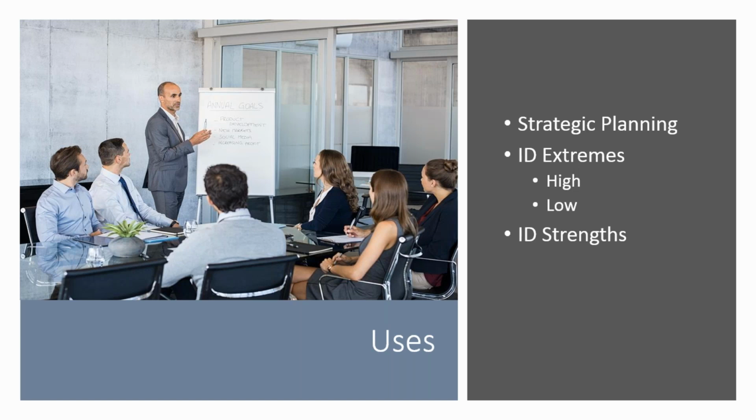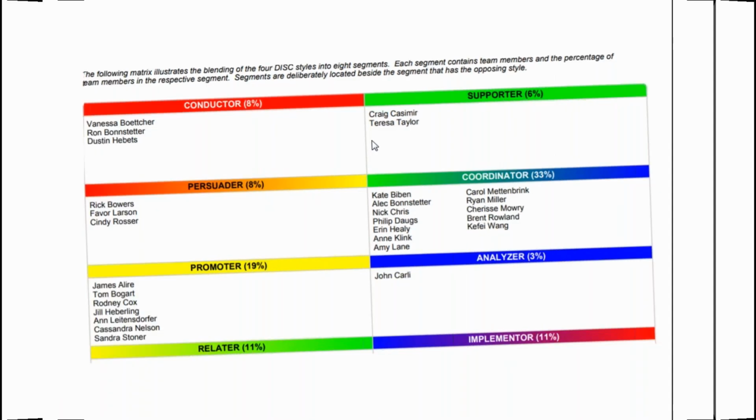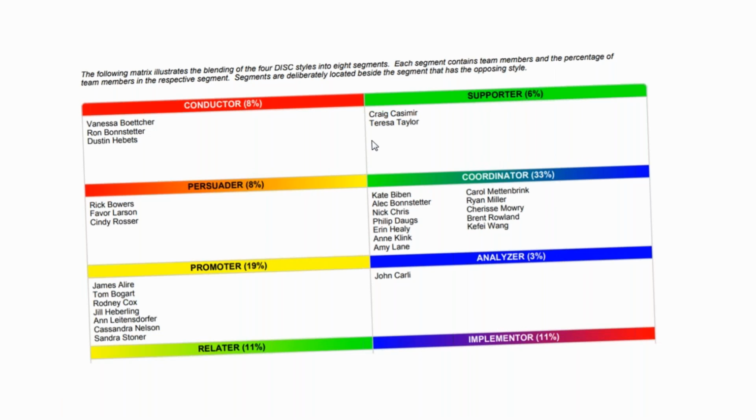And then there's another page of your report that lists everybody's name and the 8 sub-descriptors I was talking about and gives you their percentages. So in this organization, they have 8% Ds, and there are 3 people there who are the Ds in that organization. And then they have the persuaders and promoters.